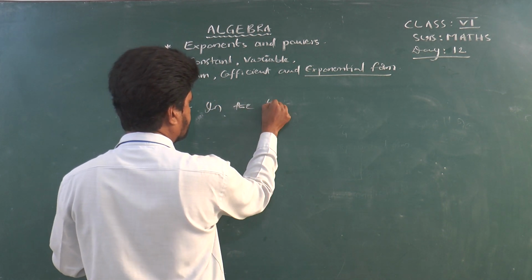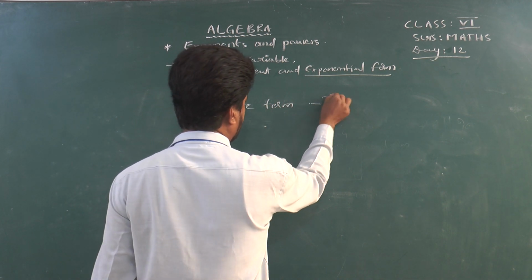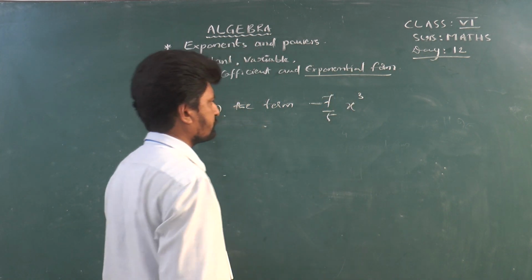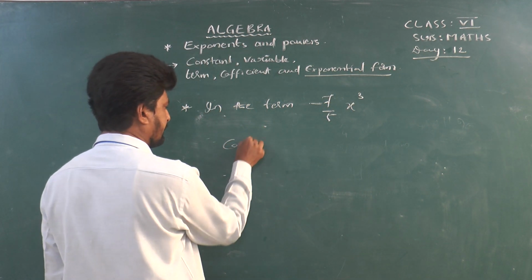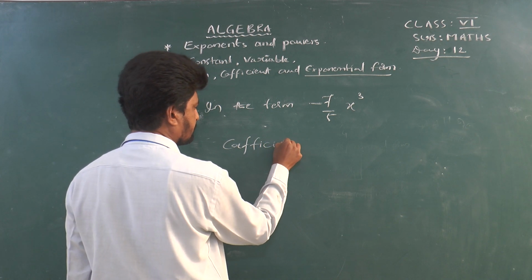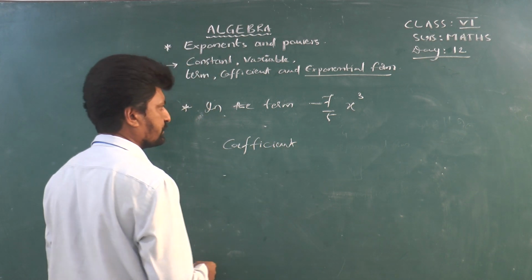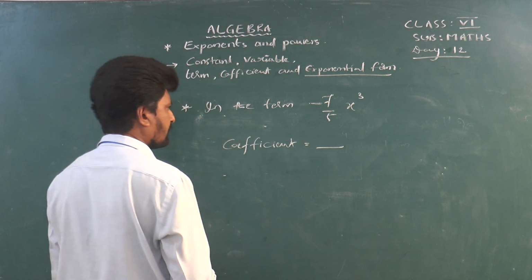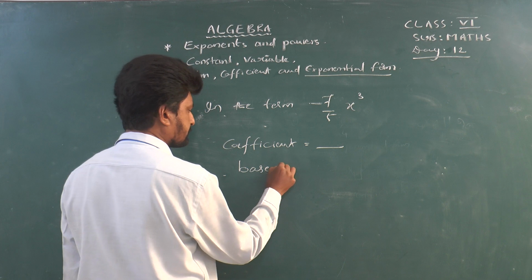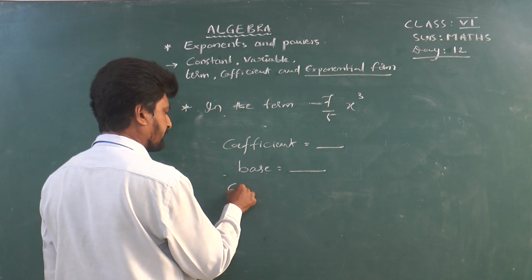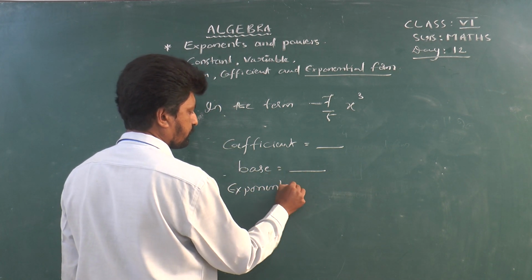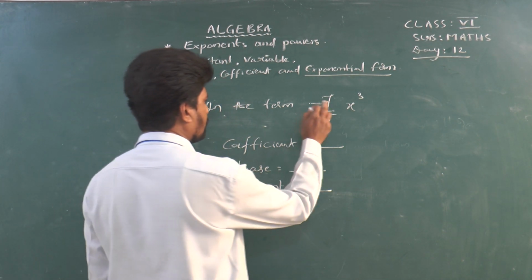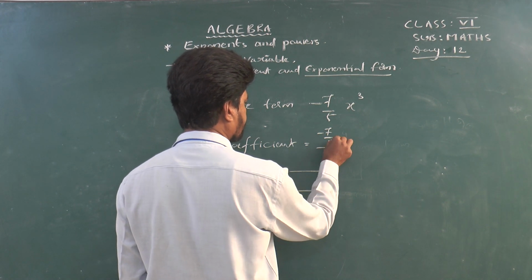Now I am taking the term minus 7 by 5 into x cube. What is the coefficient, the base, and the exponent or index? Here the coefficient is the numerical coefficient, simply called coefficient. The coefficient is minus 7 by 5.